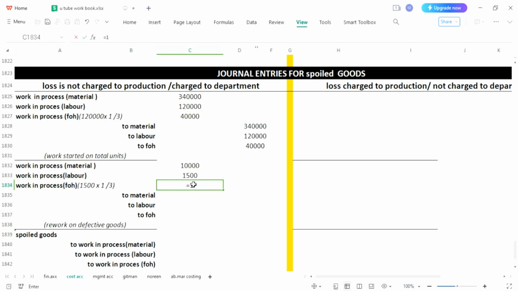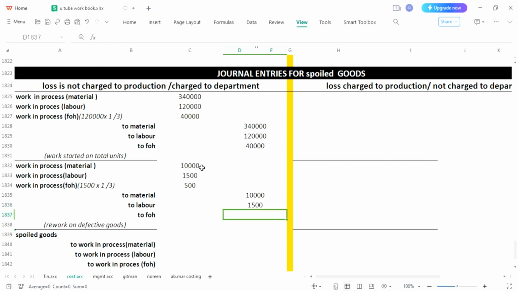In this way you have calculated your FH as well. We will apply accounting principle where debit side would always be equal to credit side. So whatever is written on debit would be written in credit side as well. Our second entry has been completed.